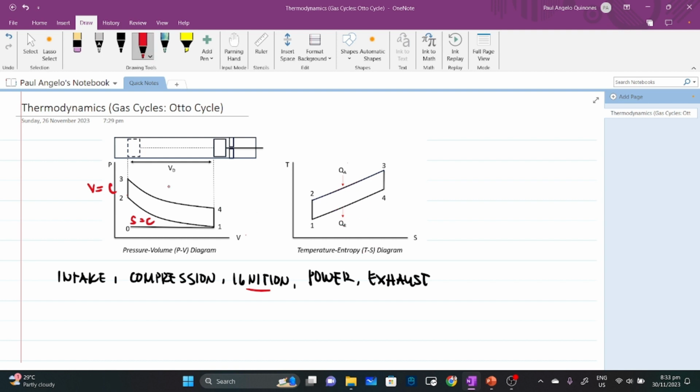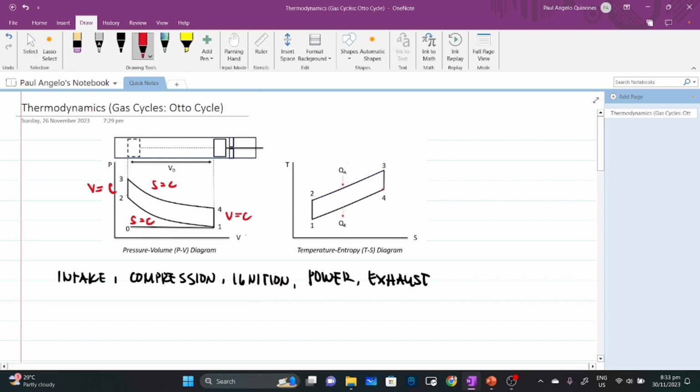As you can see, from 3 to 4, let's locate another straight line. 3 to 4 is represented by a straight vertical line in your TS curve. Therefore, 3 to 4 is isentropic. And then 4 to 1 is represented by a straight vertical line as well in your PV diagram, that is constant volume. Okay? Upon doing this, we can derive certain equations from this principle.